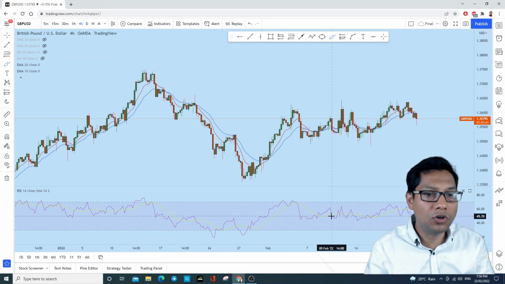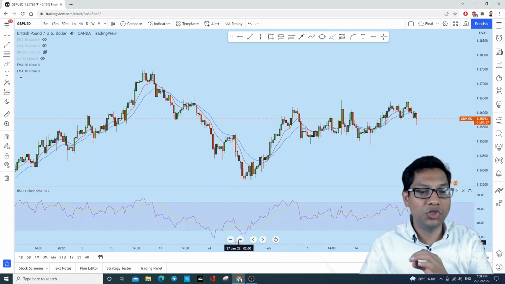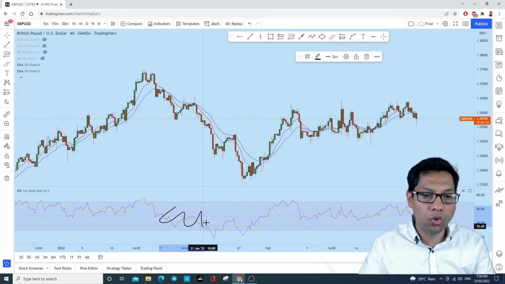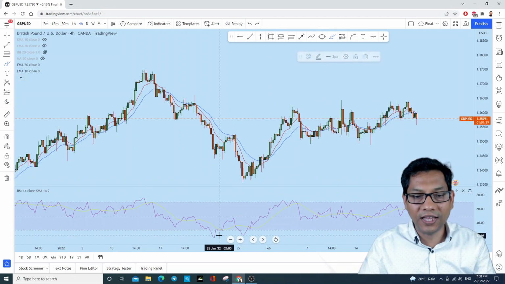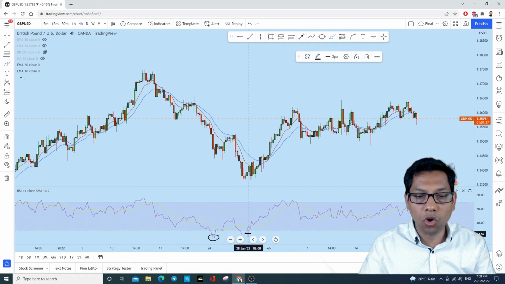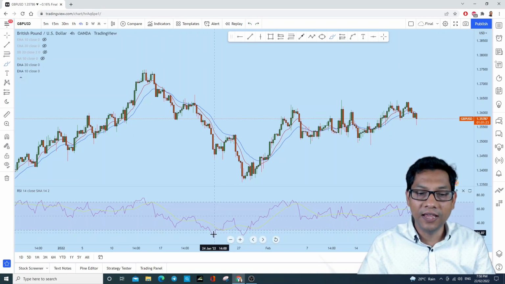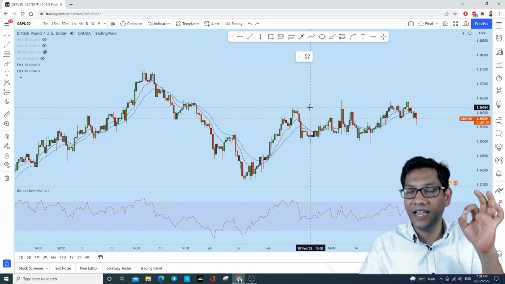Another important condition is that this market is in oversold. If you find any divergence outside this zone, we will not consider it. We will consider only when the price is in oversold or overbought, as we already discussed, and we have seen that the price is in oversold and also has created a divergence.